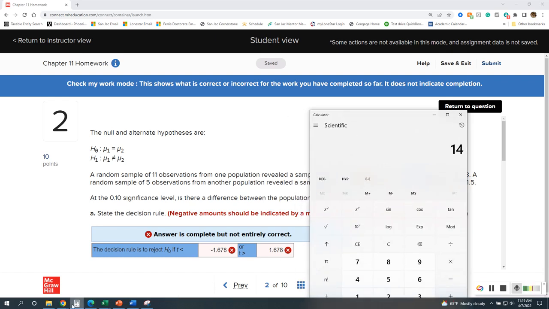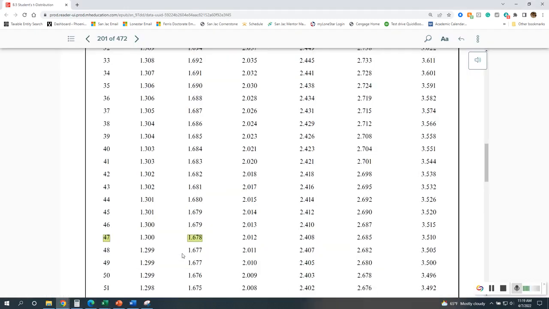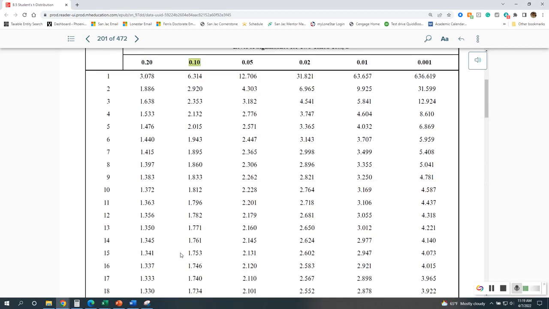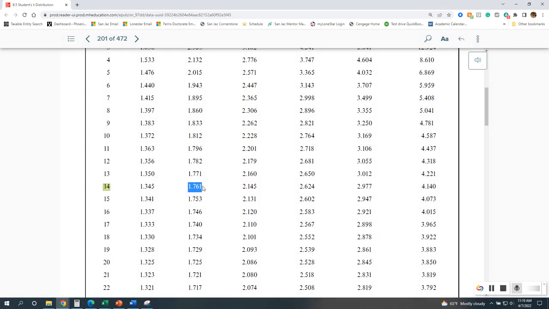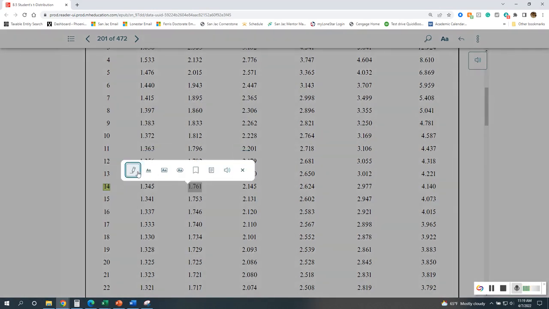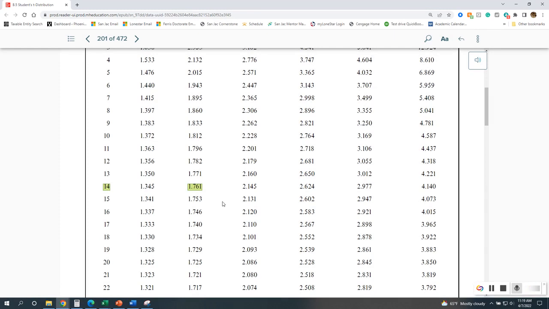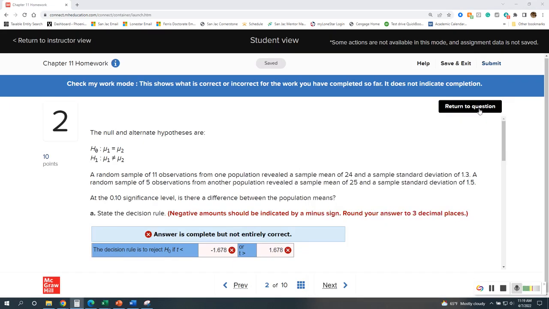So it's actually 14. My bad. I'm like, why is it wrong? Then we realize, oh, we took the wrong numbers. That's okay. If you can't laugh at yourself when making a mistake and learn from it... But no, we got 1.761 now.